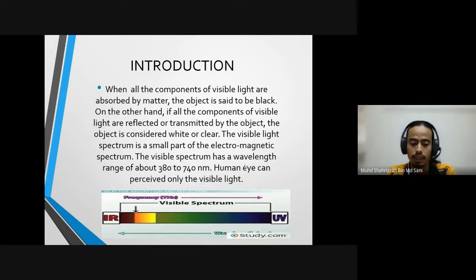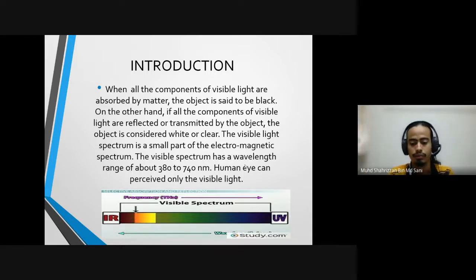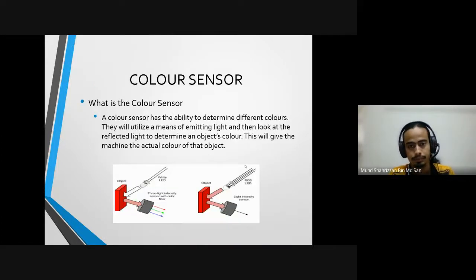This means we can differentiate colors, for example red, blue, and yellow, which have wavelengths ranging from 300 to 700 nanometers. Human eyes can perceive only the visible light.